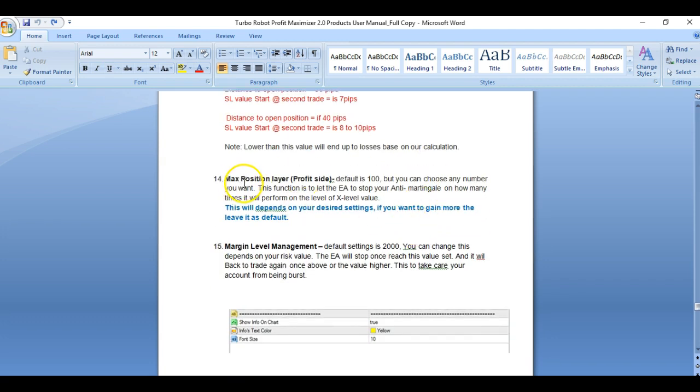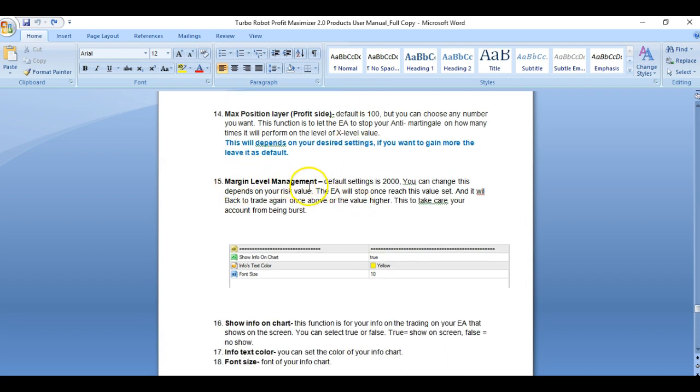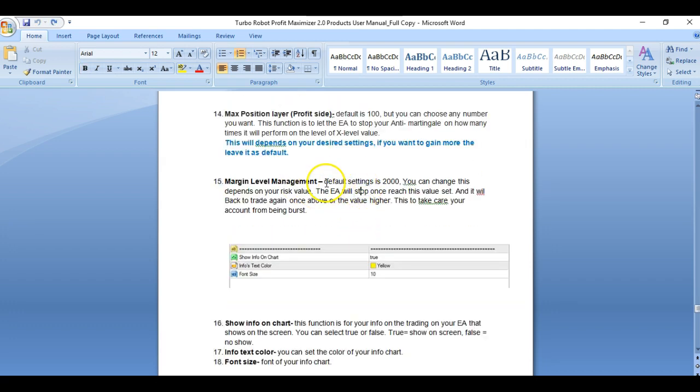So your max position layer on your profit side, and also your margin level. The margin level is the most important here, because you can set your EA. Let's say the default setting is 2k or 2000%. 2000% means that if your margin level is below 2000%, the EA won't trade for you anymore, to save and protect your capital.